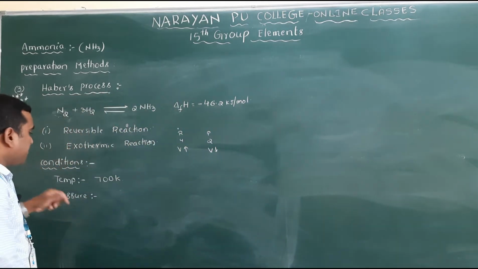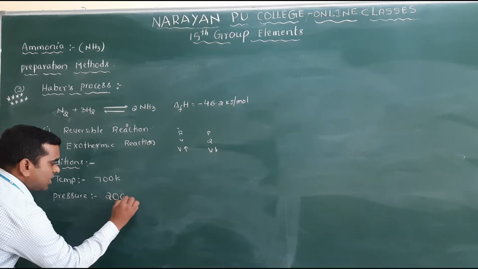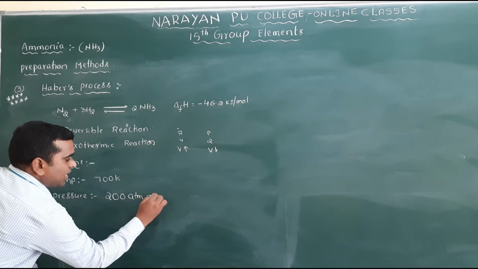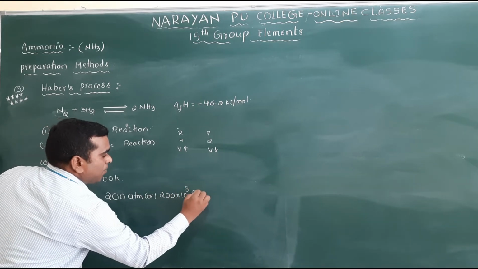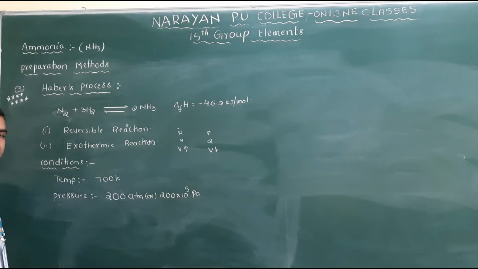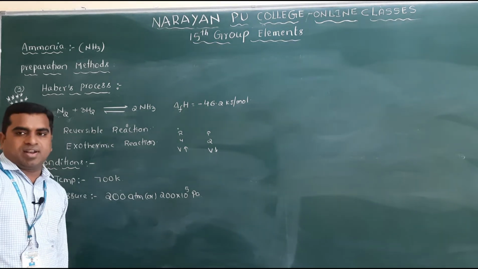That pressure is 200 atmosphere, or 200 into 10 power 5 Pascal. 1 atmosphere is equal to 10 power 5 Pascal, but you have to write 200 atmosphere.